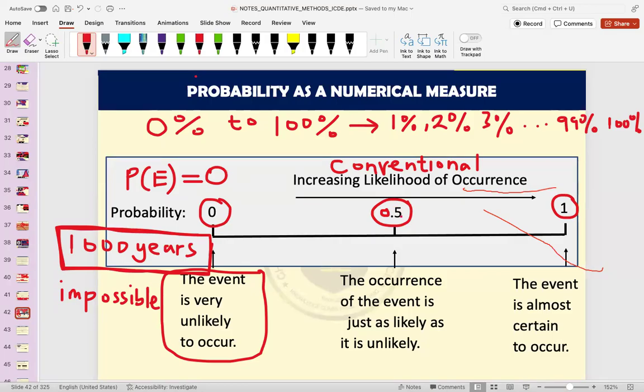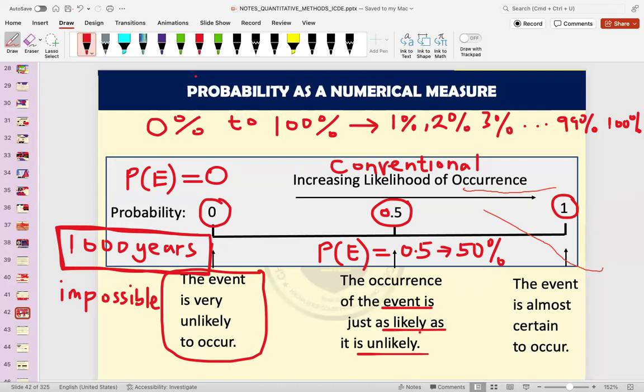Now, the second conventional one is when they say the probability of the event is equal to 0.5. And if you want to change this one to percentage, you multiply it by 100. So it's the same as 50%, probability of 50%. This is what we call 50-50 in Ghana. When they say your probability is 50-50 or your probability is 50%, it means that the event can occur or it will not occur.